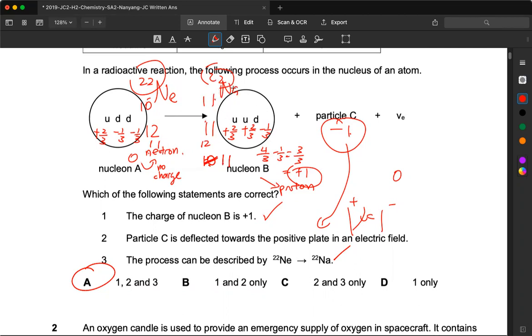So the new particle has 11 protons and 11 neutrons. The old one has 10 protons and 12 neutrons. So one neutron goes to become a proton, 10 becomes 11, and this one drops to 11.